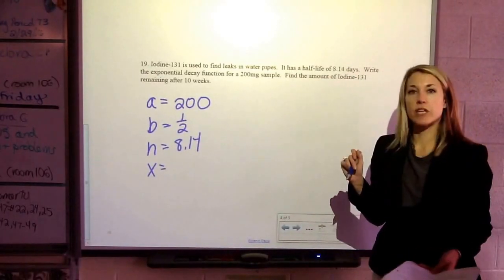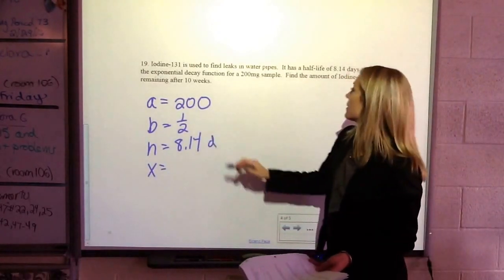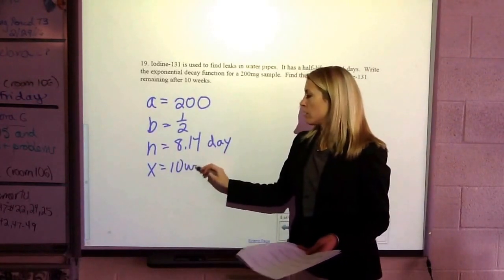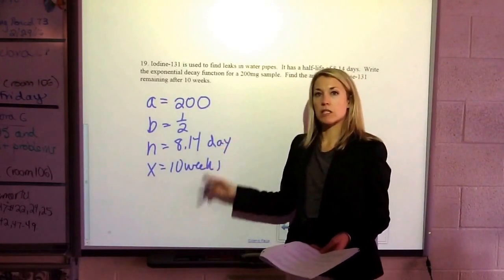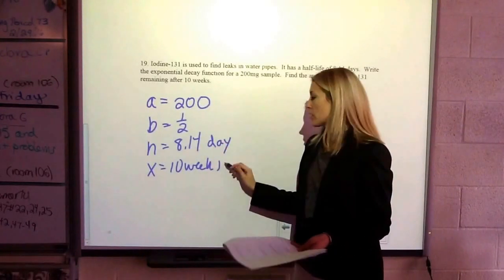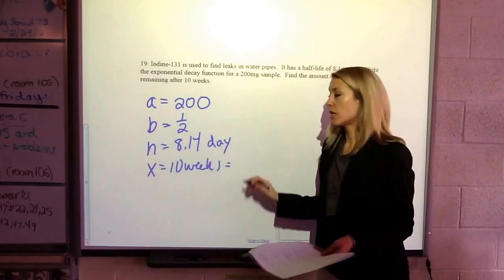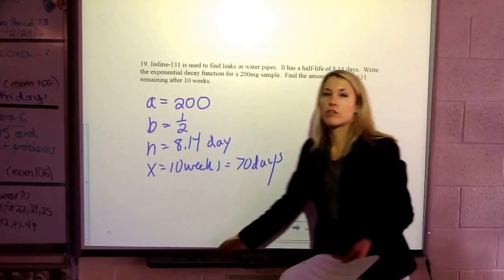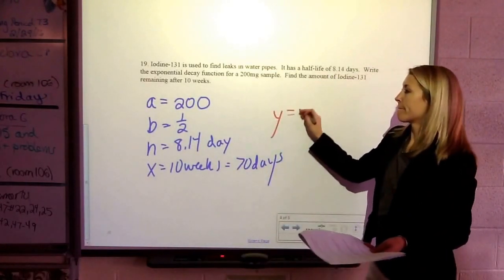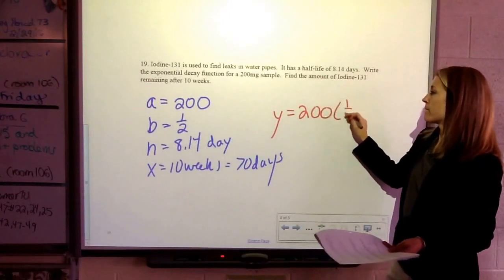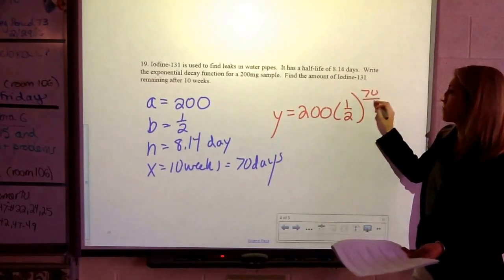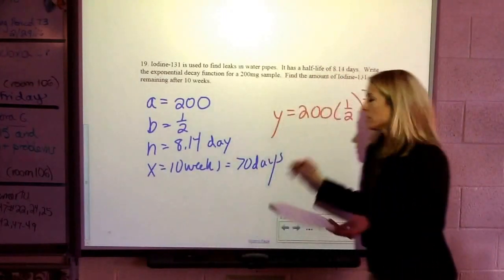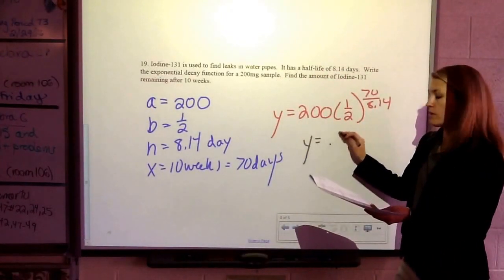So I'm plugging in for 10 weeks, but half-life is in days, so you have to convert it. You cannot plug these in at the same time. This is days, this is weeks. So 10 weeks is how many days? Once you convert it, you're ready to plug it into the formula. Okay, plug that in, get your final answer.